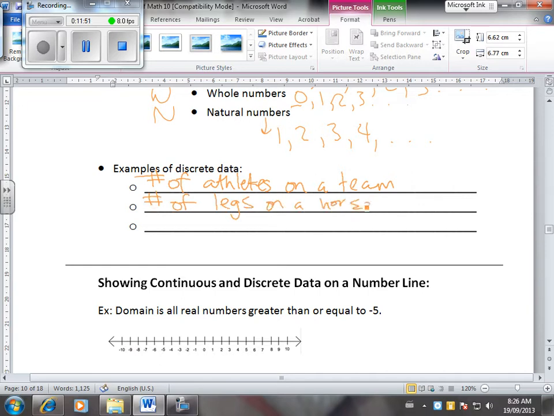So a horse will not have 3/4 of a leg, or not naturally anyway. So you'd say that there are 4 legs on a horse. Even if the horse was born with part of a leg, you'd still say that there are 4 legs. So things like that. And then say the number of houses in a city. Okay, so things that are their own discrete object. Okay, and continuous data is things that you can measure.